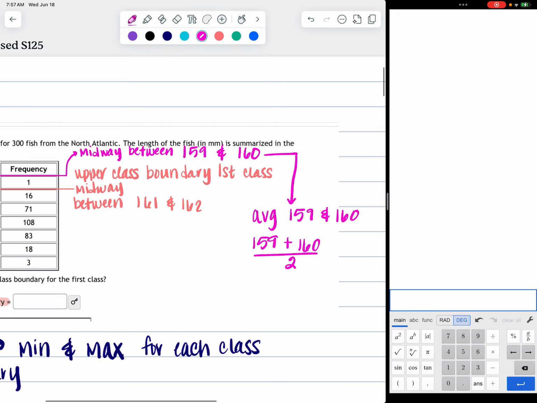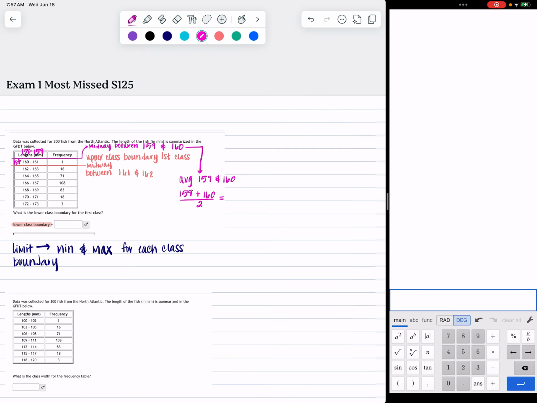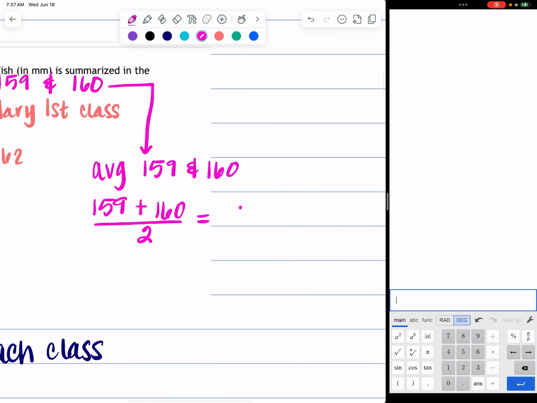Easy enough. Or, if you know it's only one jump from 59 to 60, and the middle would be 0.5, you can go straight to finding the lower class boundary of 159.5.